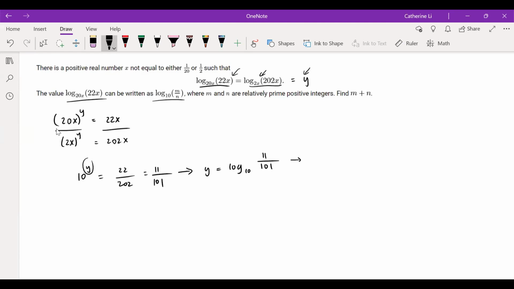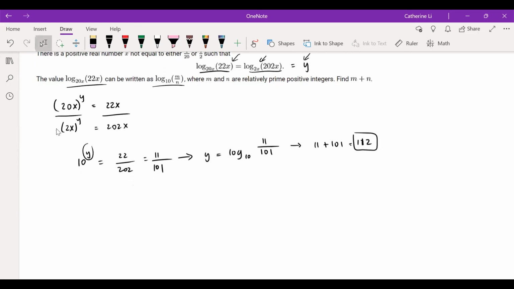So m plus n is 112. Yeah, so as you can see, with these problems, just knowing the very basic rules of logarithms gets you pretty much as far as you need to go.